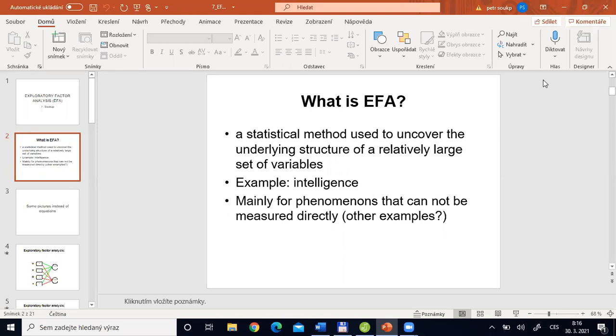Now let's briefly reproduce the history of the discovery of intelligence, which was made at the beginning of the 20th century. The man behind this concept and behind the first usage of exploratory factor analysis is Charles Spearman. I guess you are familiar with this name.